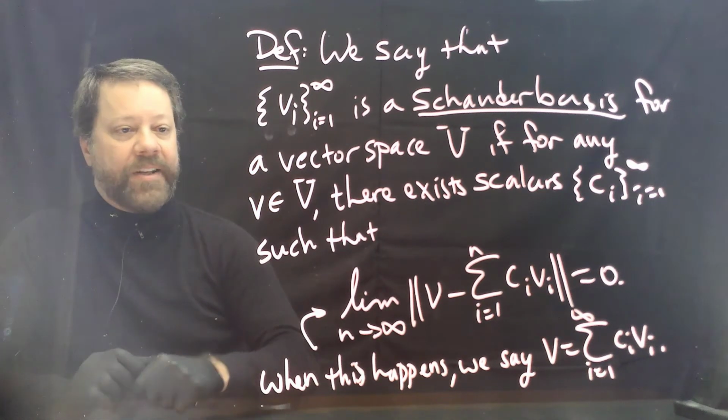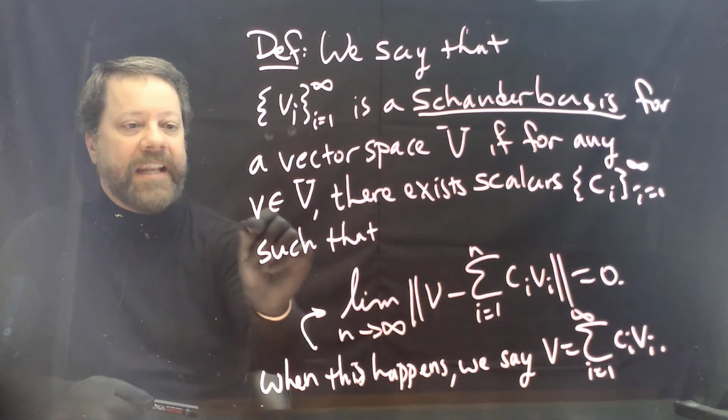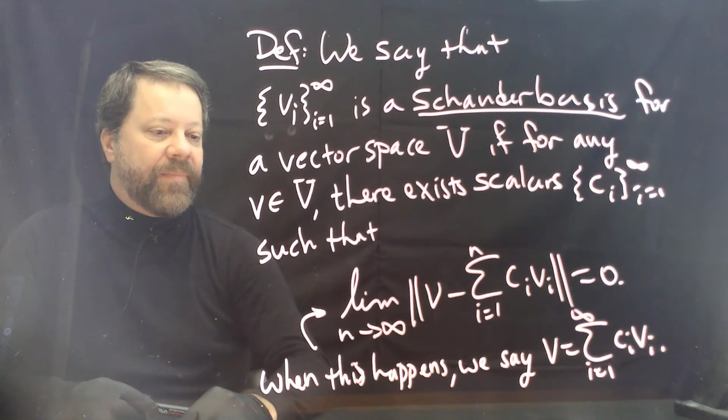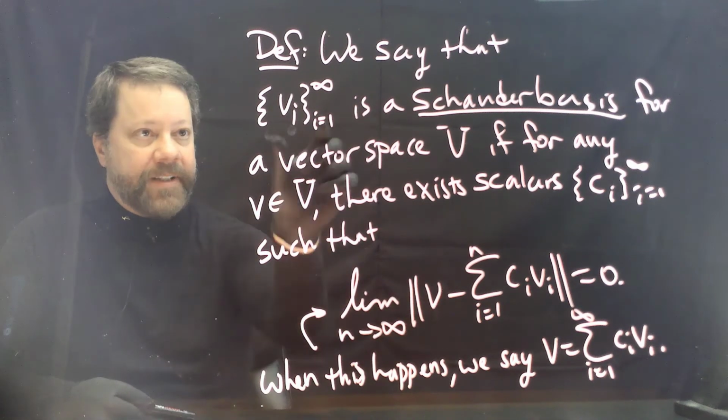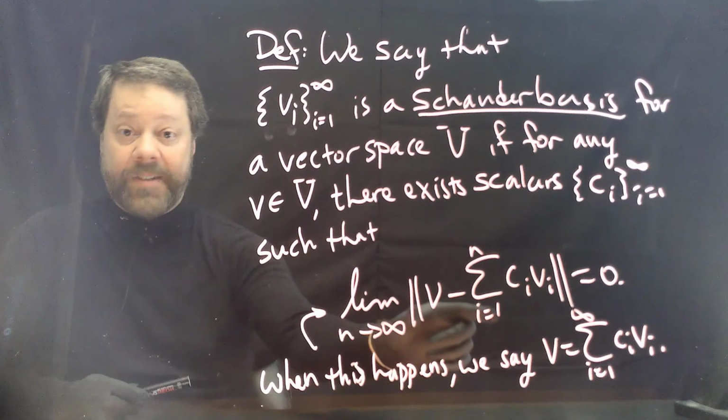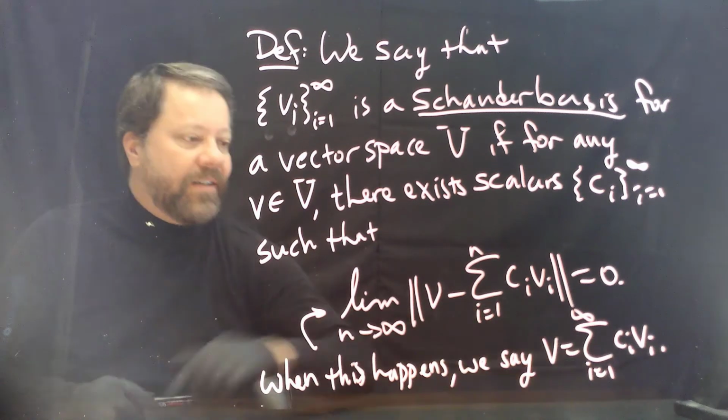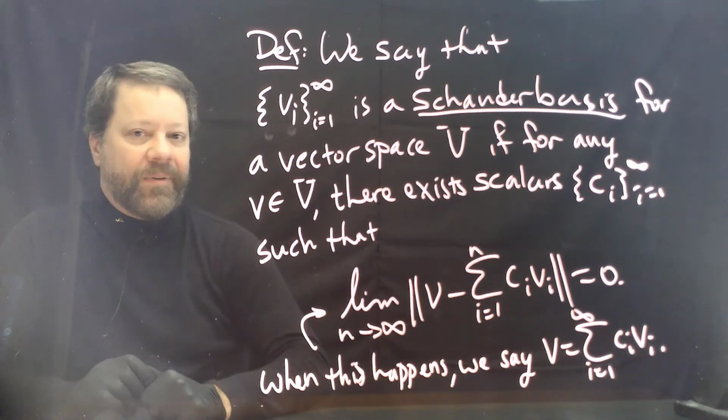It's a Schauder basis if you can make this construction for any vector V in the space. Even if this is not a Schauder basis, you might be able to make such a construction, in which case we'll say we get equality with this infinite sum. You can see how a Schauder basis might be more important in physics and engineering and many mathematical applications than a Hamel basis, where the sum is always finite.